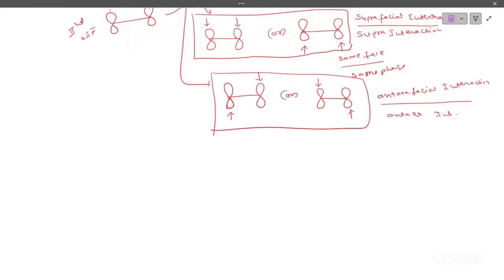Now, when you combine two pi molecules in the cycloaddition, suppose it is a 2 plus 2 cycloaddition, these two pi systems are involved.